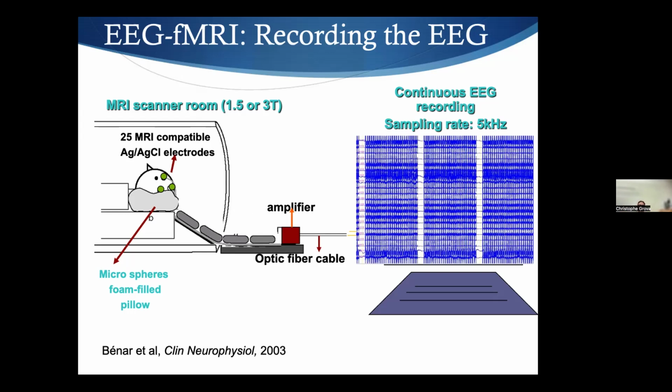BrainVision amplifiers are very good ones. We also have an EGI system, but I think the BrainVision one is better. Outside of your amplifier, the signal comes out of the fMRI room through an optic cable, so it's fiber optic. Then the signal becomes optic, so we have no problem anymore at that point.